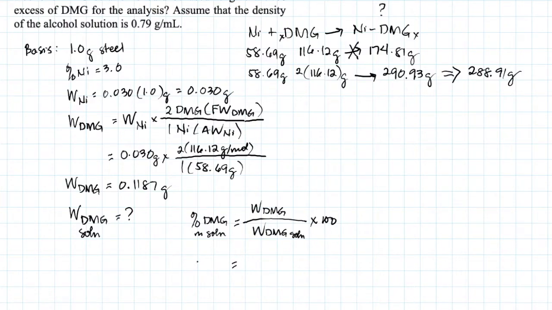Substituting the values, we have 1.0% of the DMG in solution. We know the weight of DMG, which is equal to 0.1187 grams. We can now solve for the weight of the DMG solution times 100.